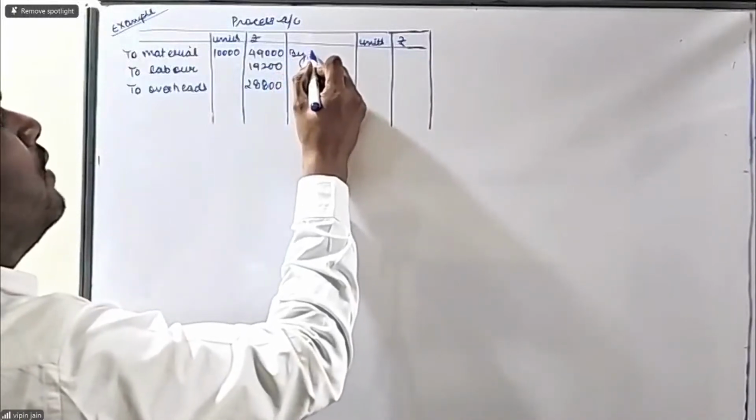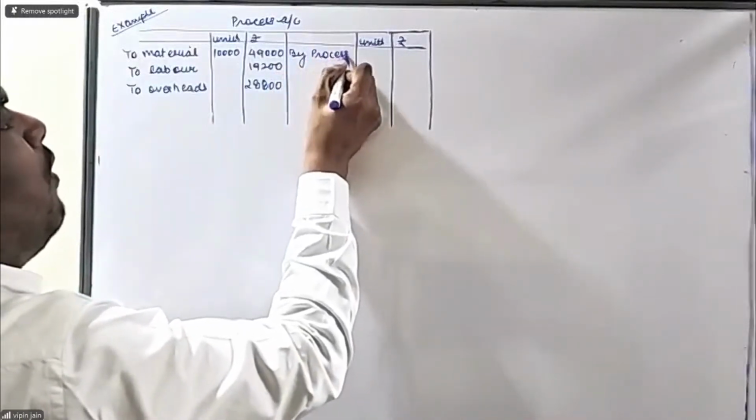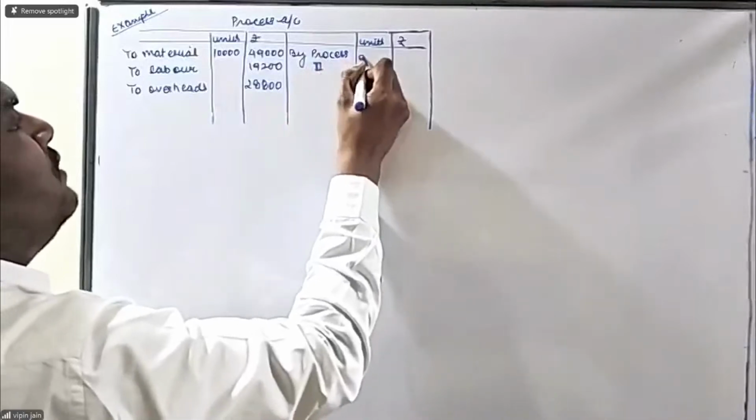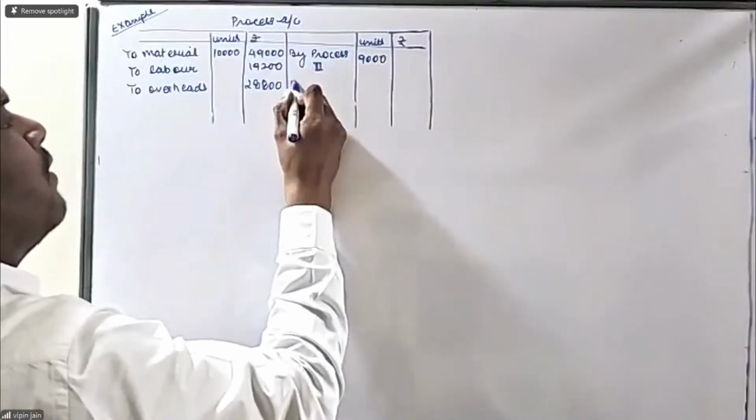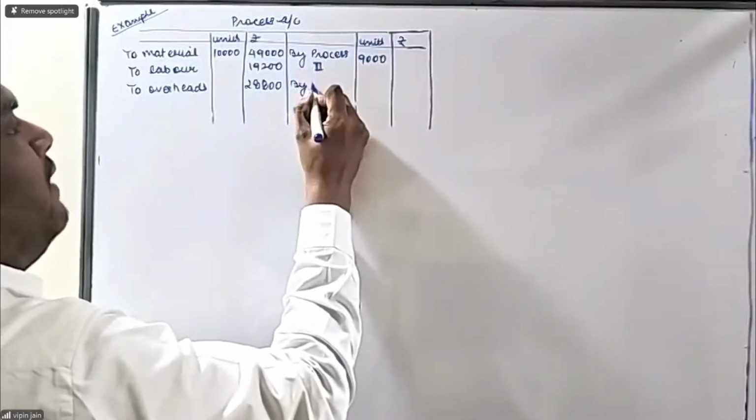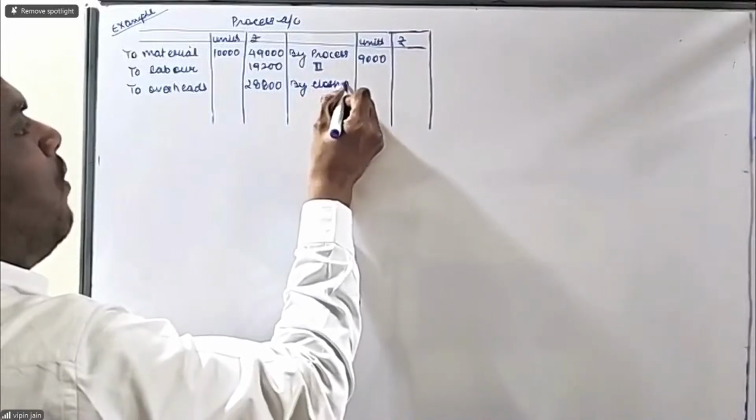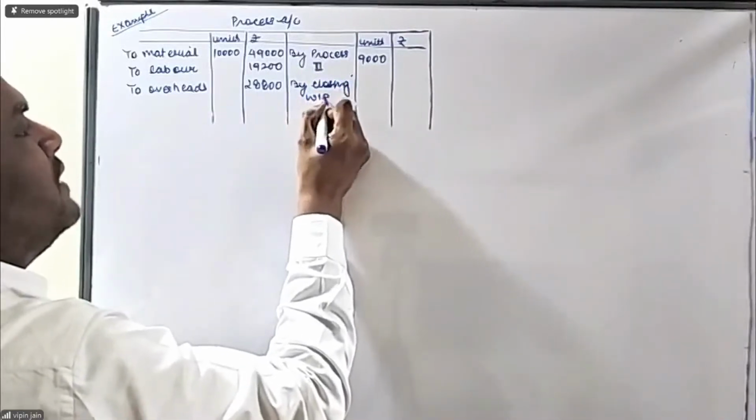by process second. 9,000 units are transferred and by closing work in progress is given.